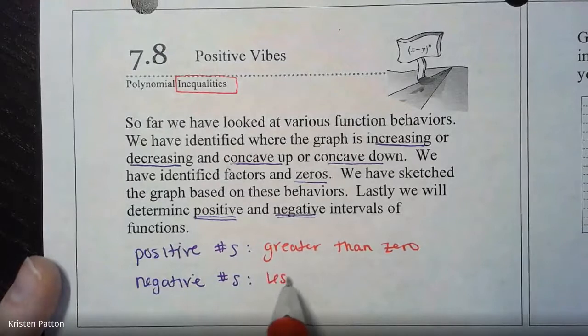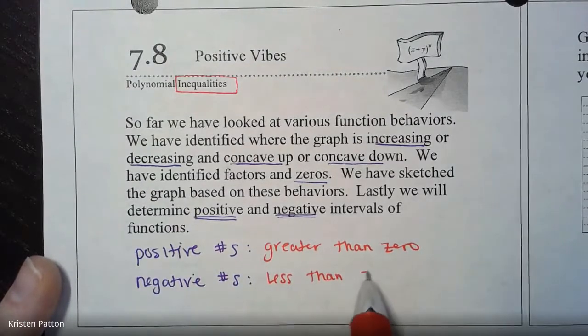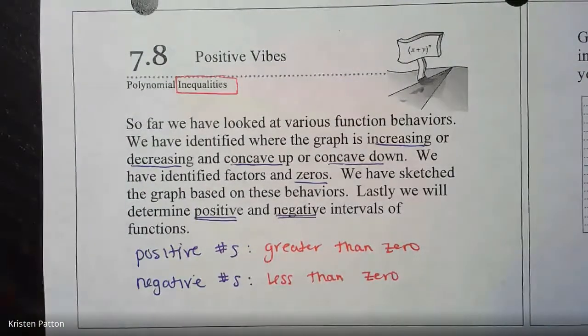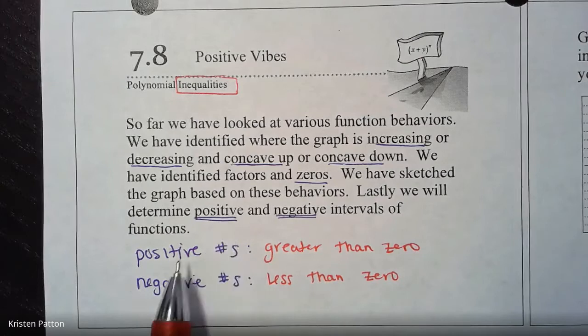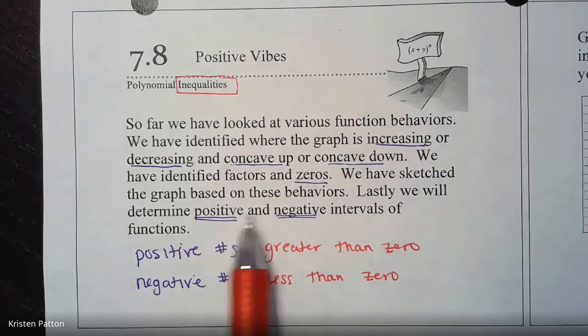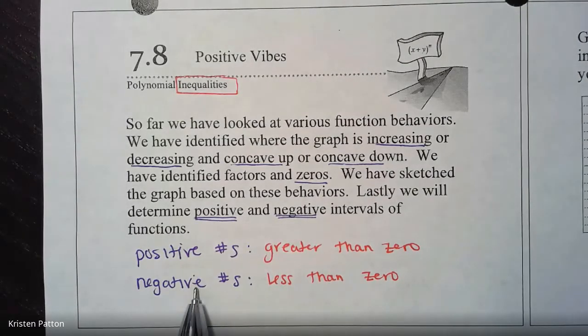Negative numbers are less than 0. Okay, so that's what we're going to be looking at today. When is a function positive? When is a function negative? Easy peasy, right? So let's take a look at a graph.